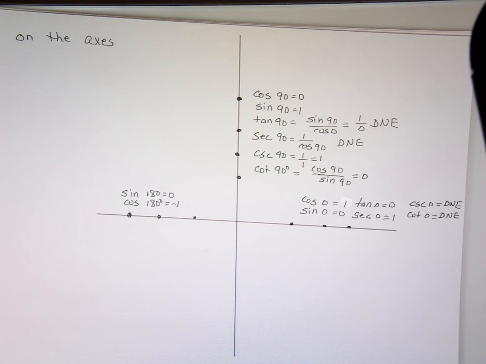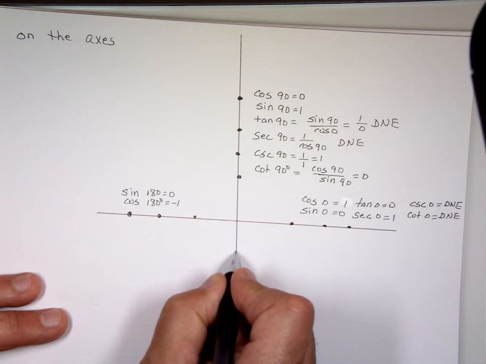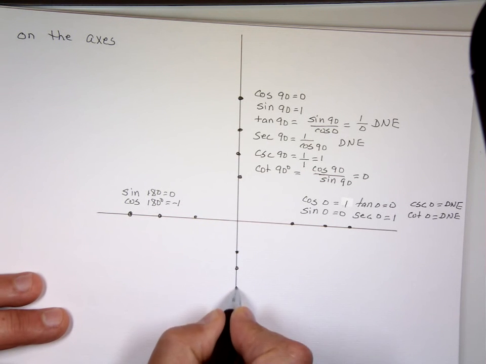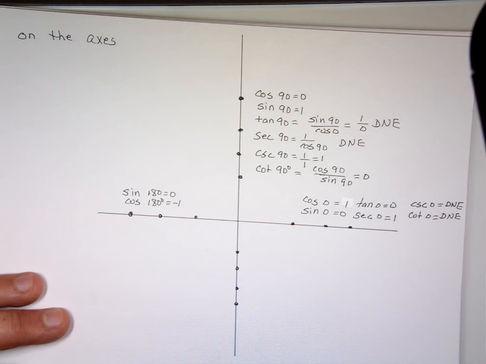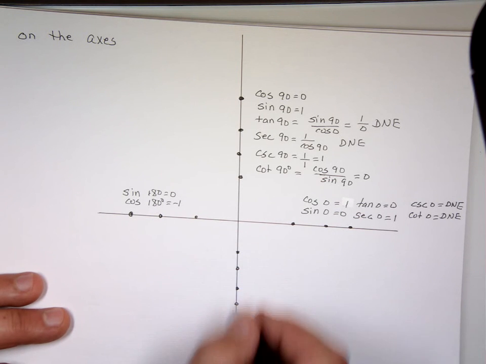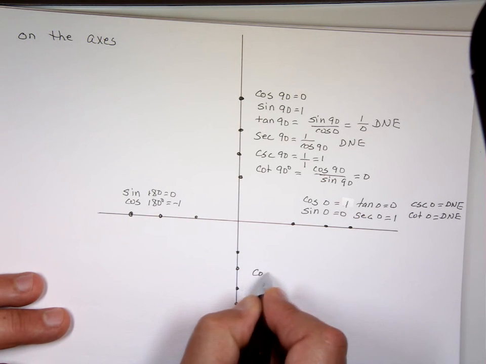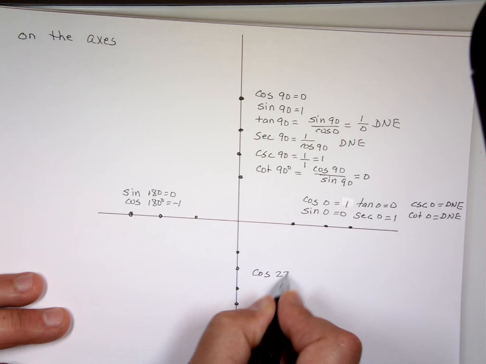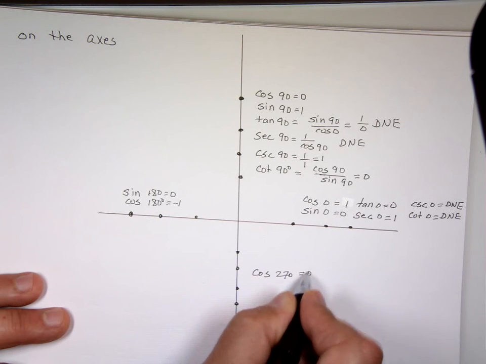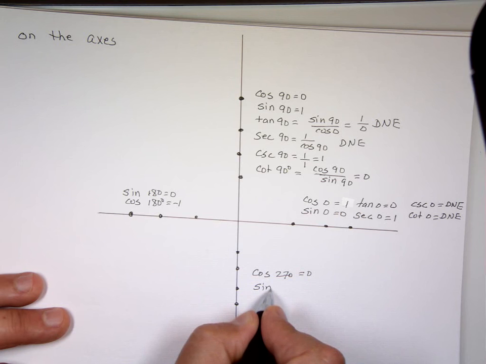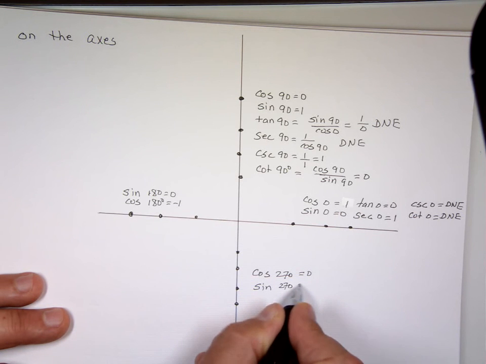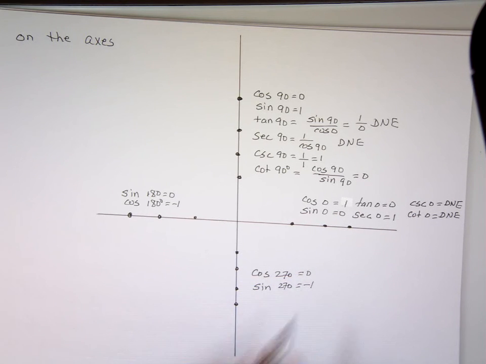If you're down here on the y-axis, the cosine is 0, that's 270, and the sine is negative 1. So if you know the sine and the cosine, you can figure the rest of them.